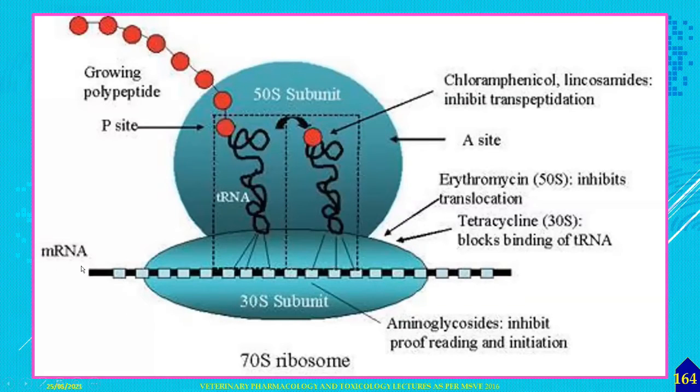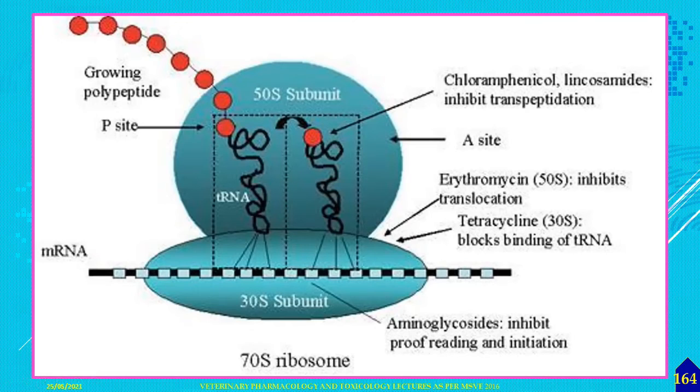So here is the mRNA, this is the 5' end, this is the 3' end. It is going to join different amino acids to form the elongated polypeptide chain, whereas the tRNA is the one which carries the amino acids and binds with the 50S subunit.